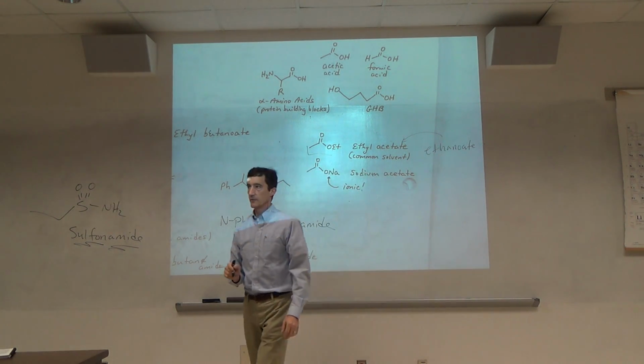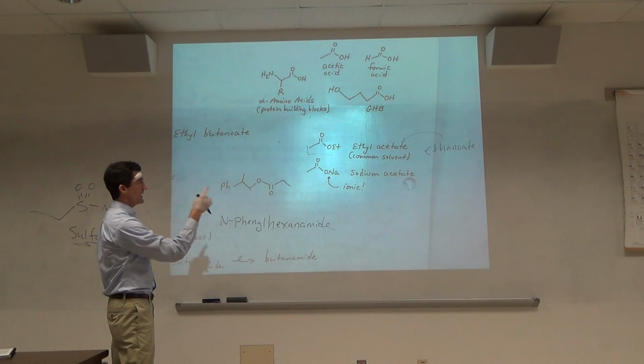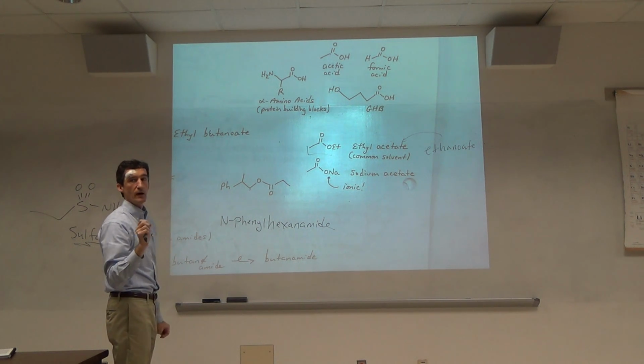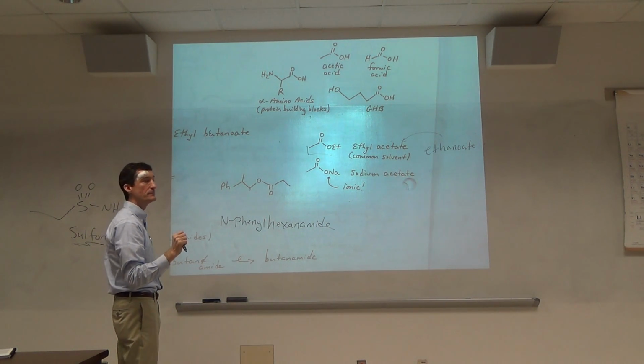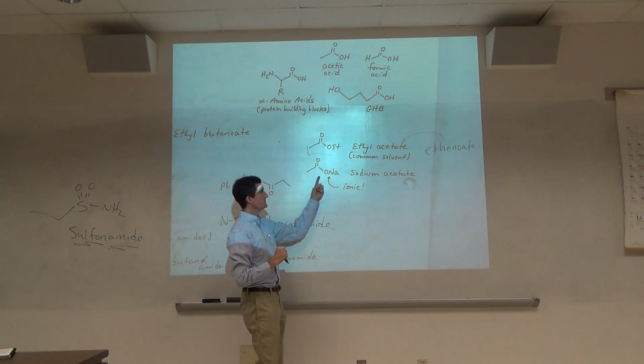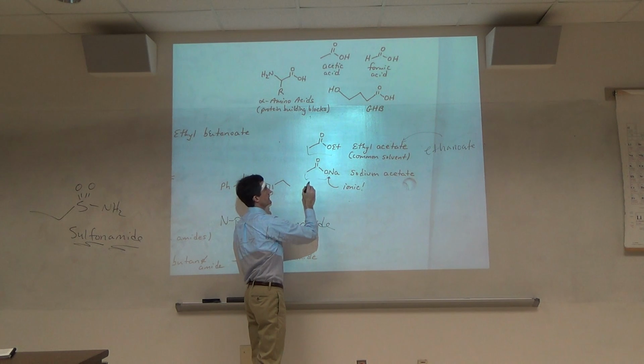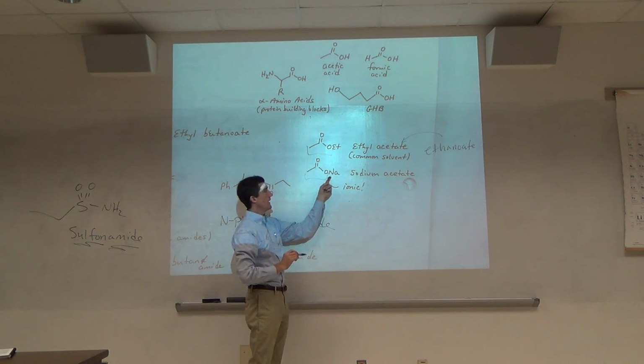But we don't call it ethanoate. We call it acetate. And that's the ethyl ester of that. What do we use ethyl acetate for? Very common solvent in the lab. Okay. What would this be? Sodium acetate. Of course, that's ionic.